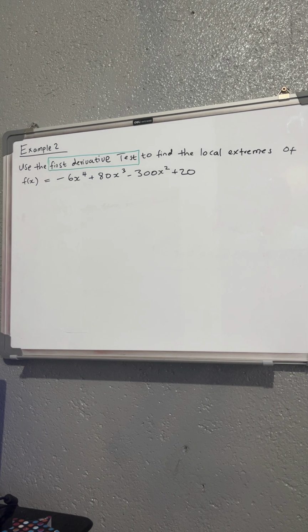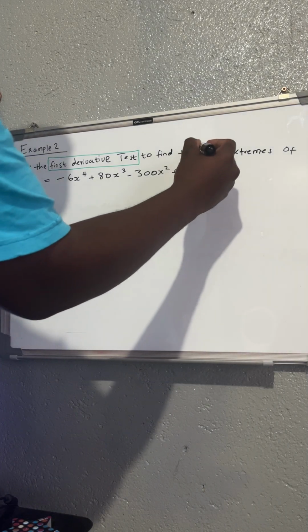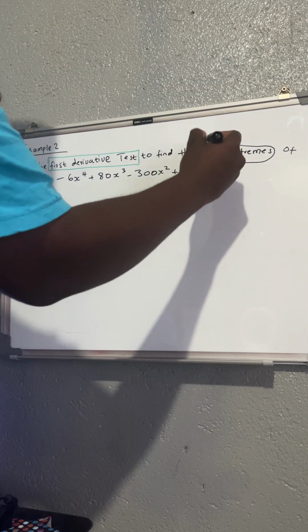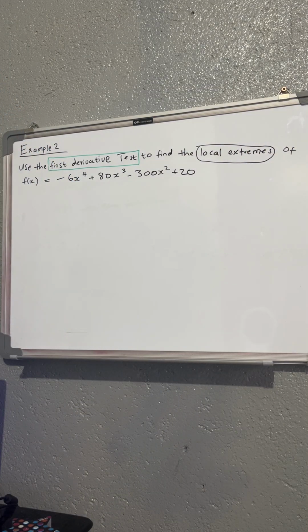You see? So first things first, we have to find the first derivative. After finding the first derivative, we equate it to 0 in order to find the critical points. After finding the critical points, we're going to go to our number line and check what we call the local extremes.